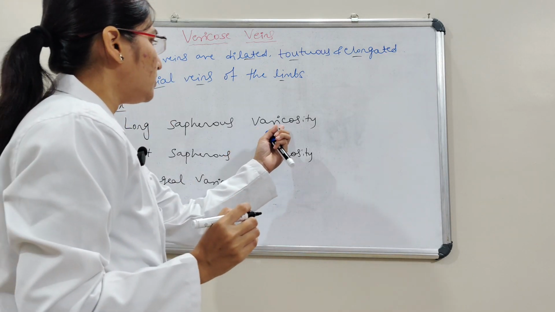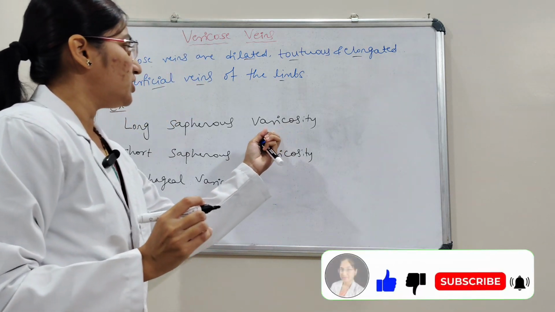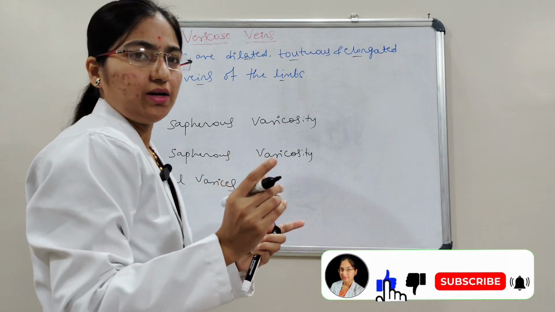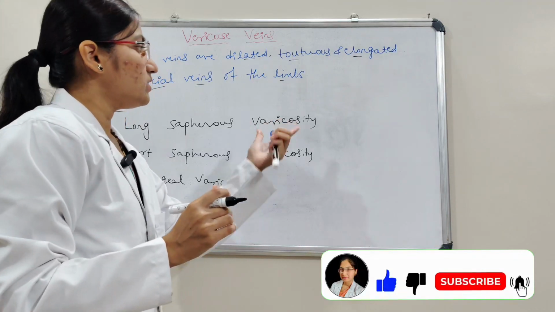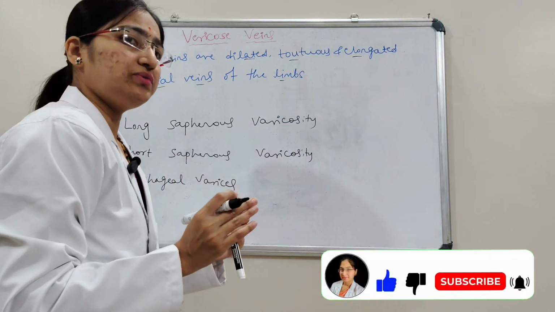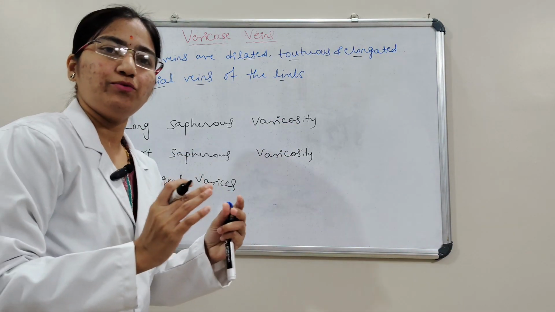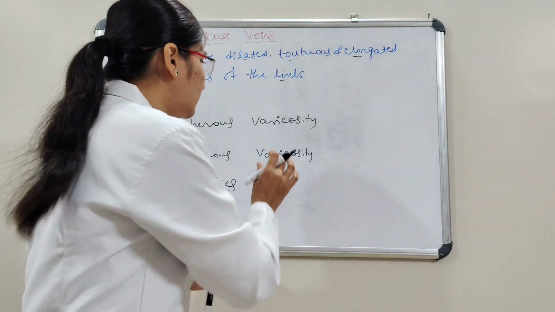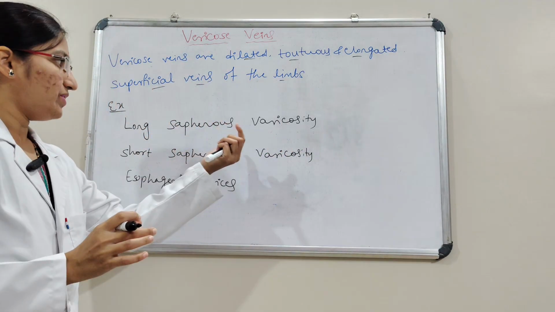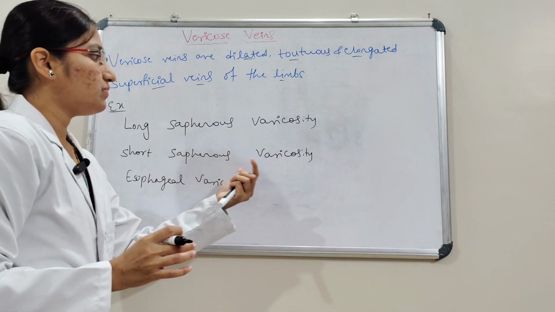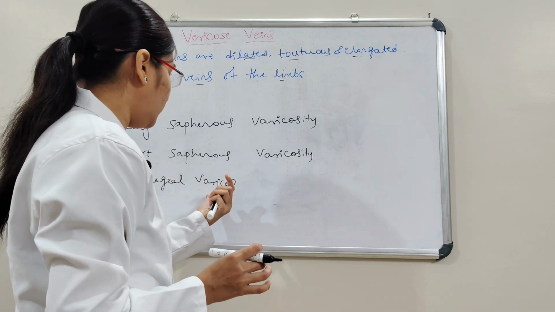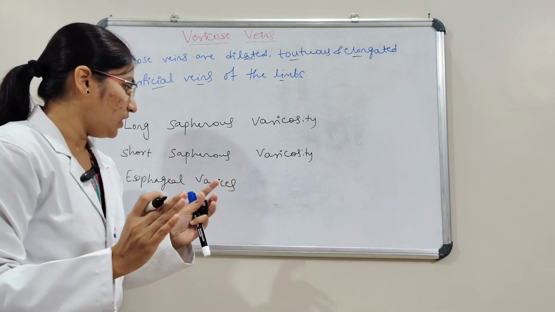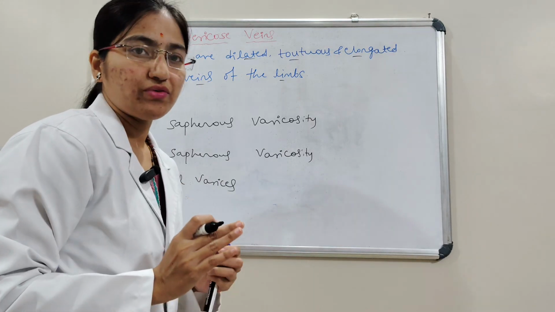Here, varicosity is nothing but a skin condition where the veins are swollen and also twisted. We can see the swollen veins and also twists are present, and they are often painful and visible under the skin. That is long saphenous varicosity, short saphenous varicosity, and then esophageal varices. Here we can see enlarged, swollen veins in the esophagus.